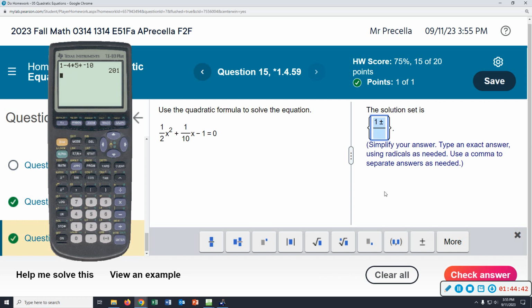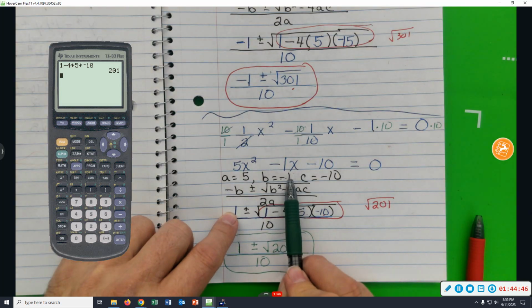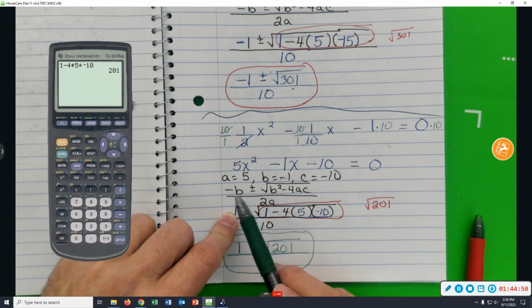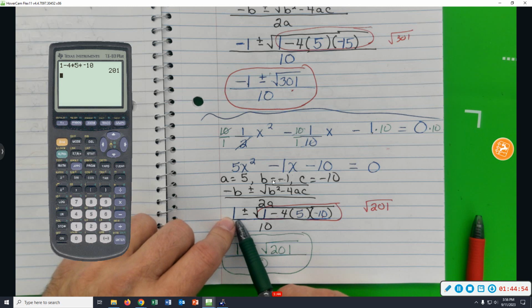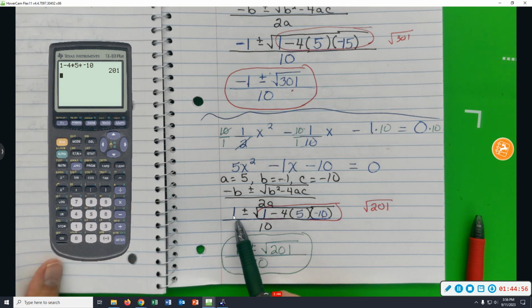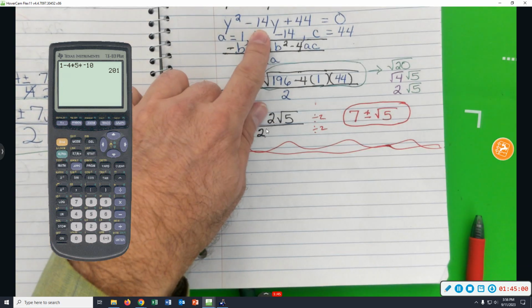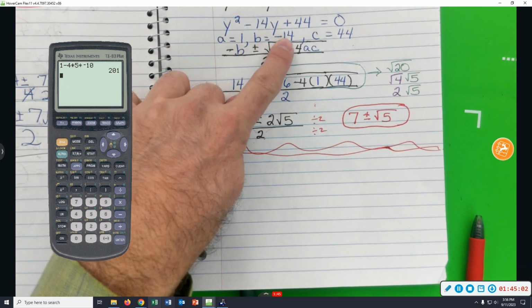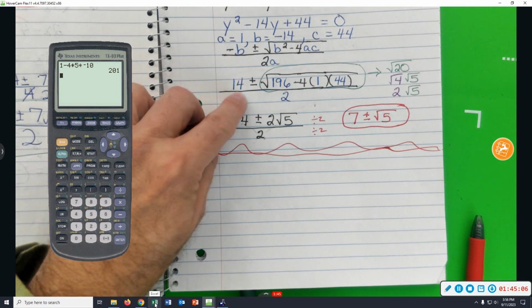Okay. Negative b. So b is negative 1. When I'm plugging in negative, negative 1, that gives you the positive 1. The opposite of negative 1 becomes a positive. Like right here, b was negative 14, so negative b would be a positive 14.